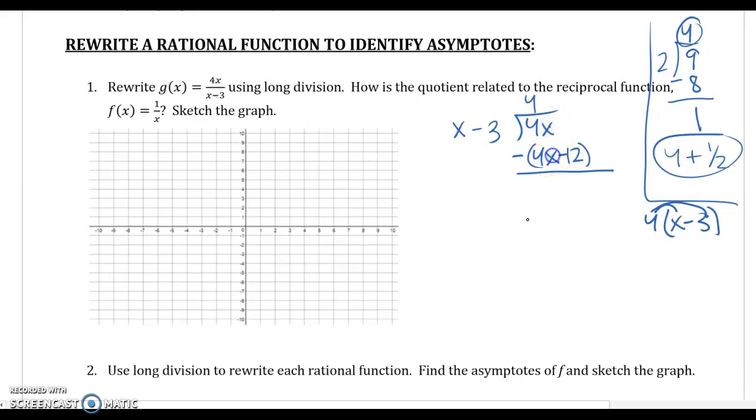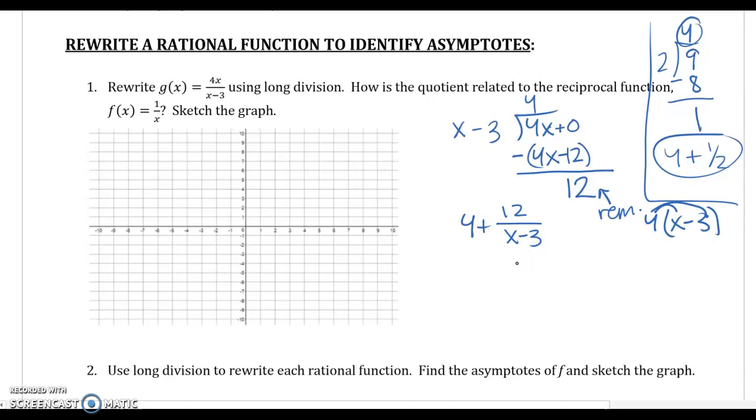So 4x minus 4x goes away, it's 0. We have an invisible 0 here. 0 minus a negative 12 is 12. So that is our remainder. So what we end up with is 4 wholes plus a remainder of 12 over x minus 3.